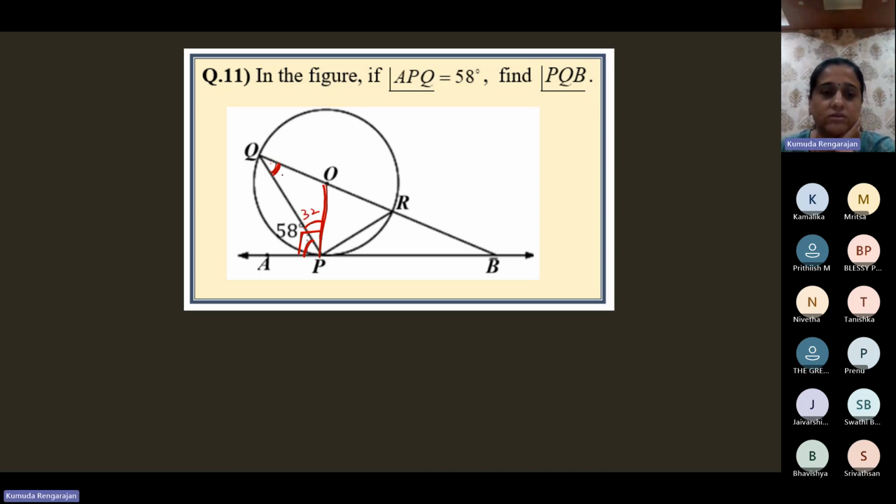How much is this one? 32. That's all. PQB is 32. 58, 90, radius perpendicular to tangent. 90 minus 58, 32. Isosceles triangle property, 32. Finished.